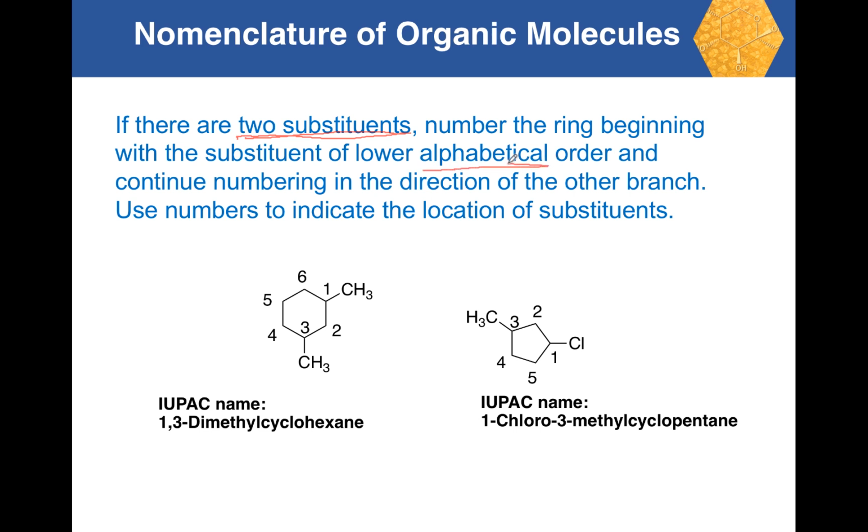So in other words, we have to start based on the alphabet of the substituent. So let's look at this. So here's the ring right here. 1, 2, 3, 4, 5, 6. So that becomes a cyclohexane. Here's the cyclohexane portion right here. And we have a methyl.